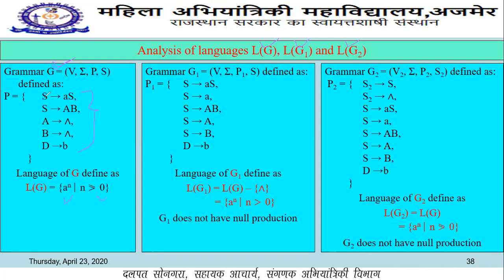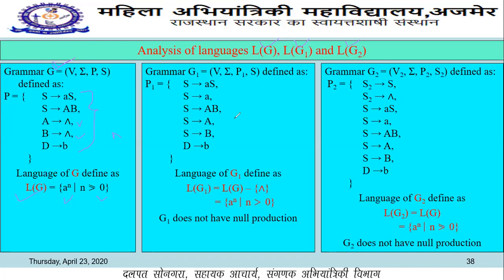If we want zero occurrences of A, meaning the null string, that is also derived by this grammar. How? We derive S tends to AB, A is replaced by this and B is replaced by this, so S derives null. So the language of G is n occurrences of A where n is greater than or equal to 0.